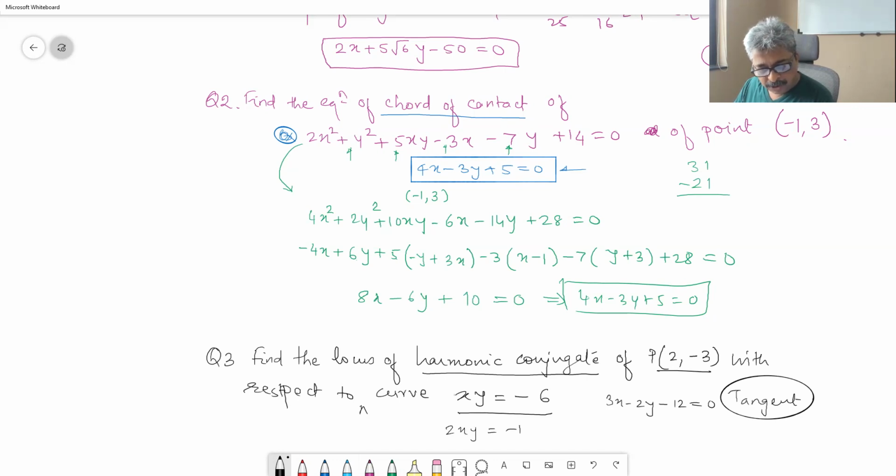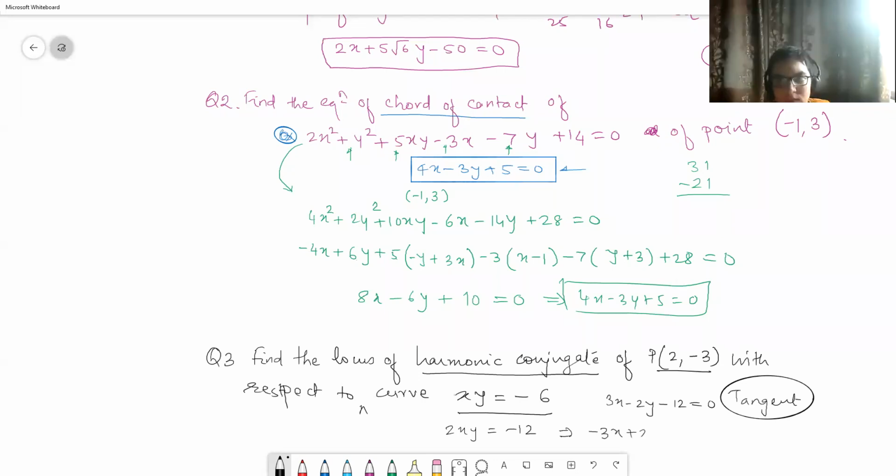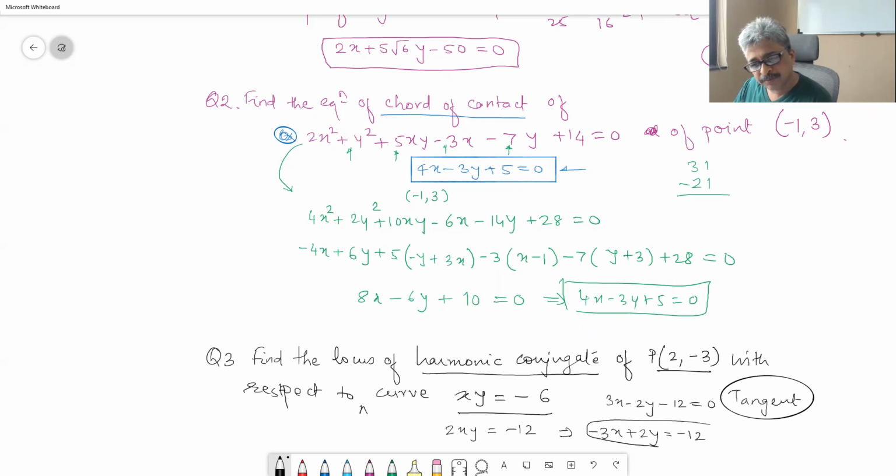2xy is equal to minus 12 makes it x1, that is 2, minus 3, xy1, I made a mistake. That implies xy1, so minus 3x plus 2y is equal to minus 12.